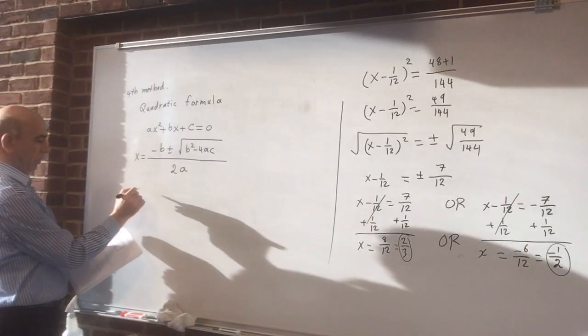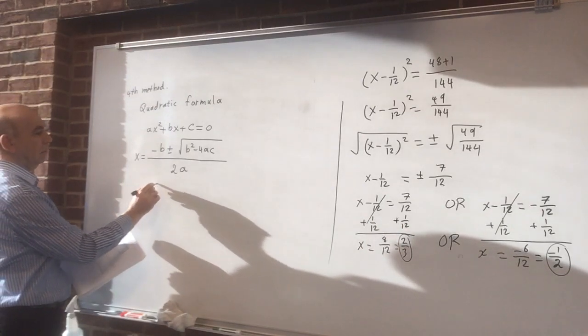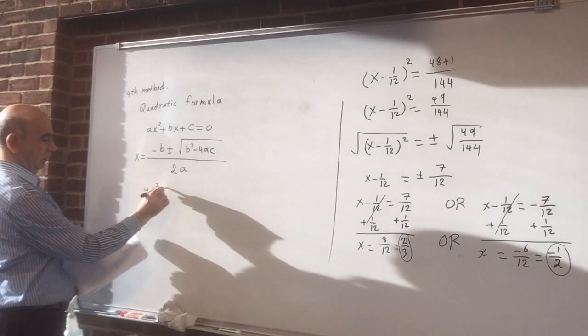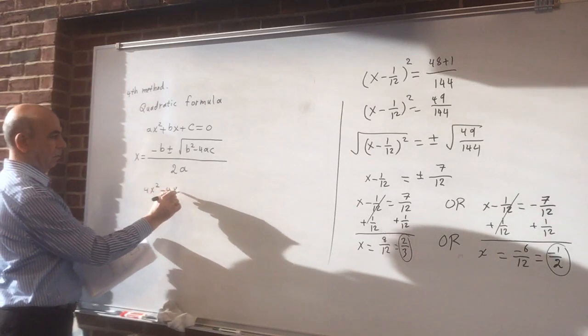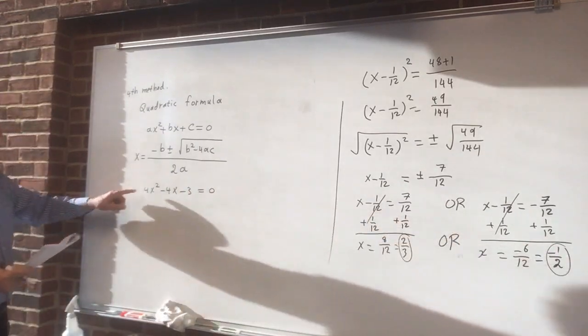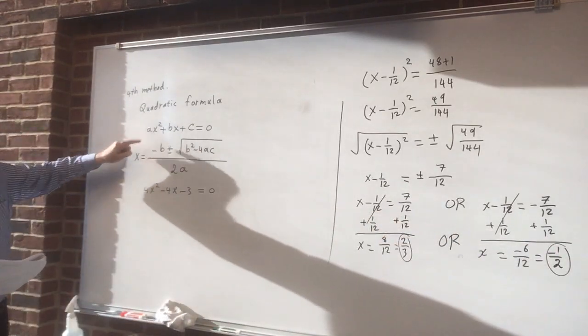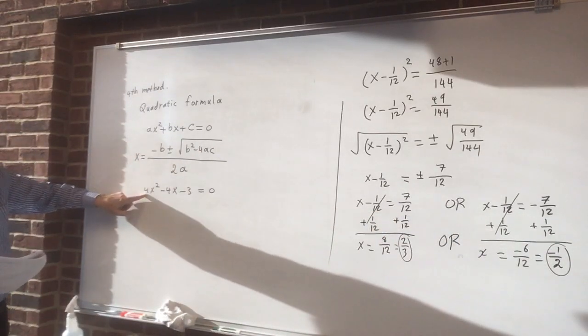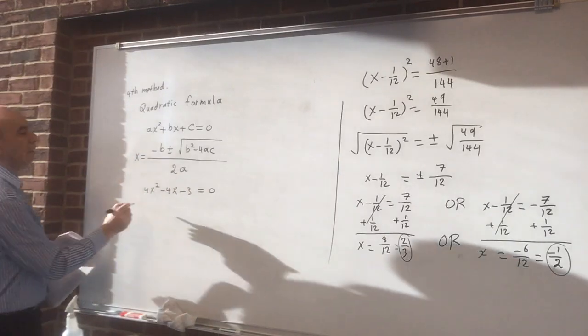Solve this equation: 4x squared minus 4x minus 3 equals 0. If we compare these two equations, here a is 4.